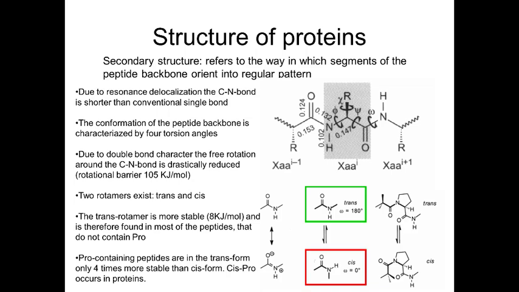In this case, the trans form and the cis form are energetically closer together, and the trans form is only 4 times more stable than the cis form, and that means in proteins you also find proline in a cis configuration.